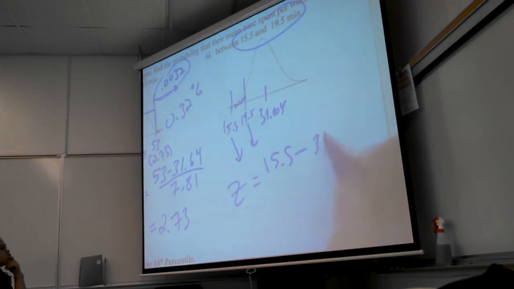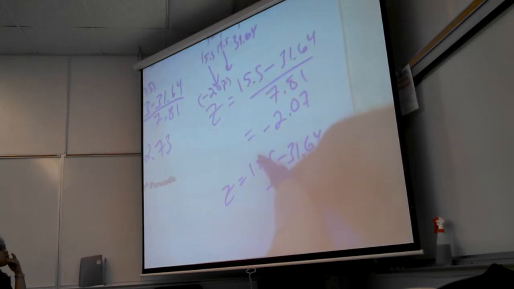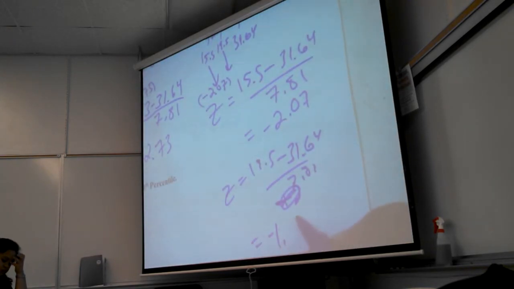The smaller one looks like that, and you get 2.07. And then the other one, there's 7.81. 1.57? Oh, 5.5? All right, there you go.